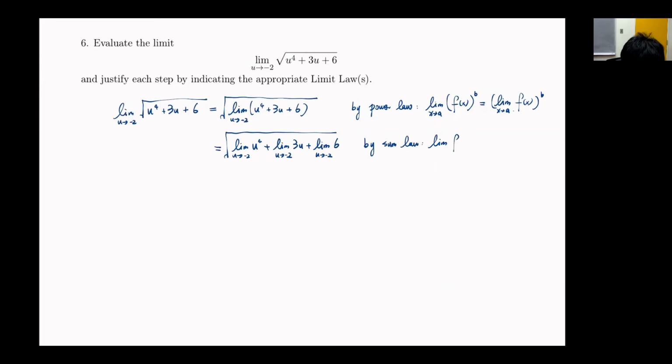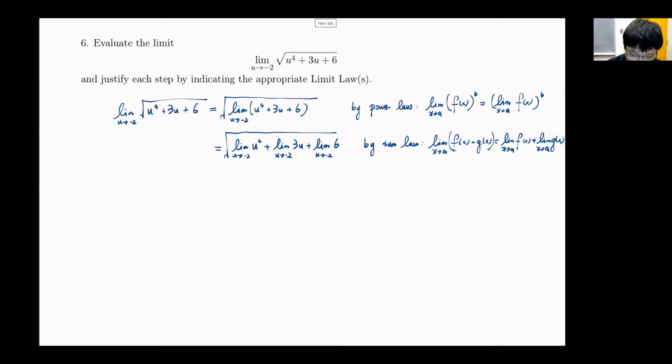So the limit of f of x plus g of x equals the limit of f of x plus the limit of g of x, as x approaches a.